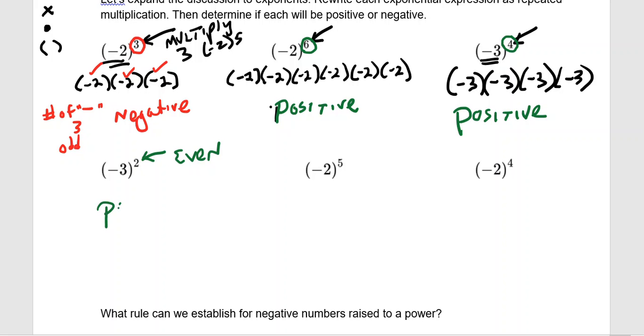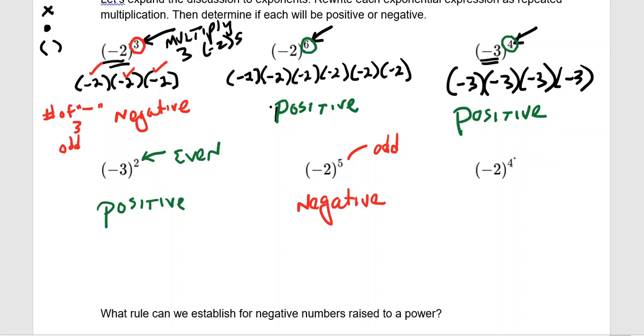So that tells me it's going to be a positive outcome. Without writing out the repeated multiplying, I see that my exponent of 5 is an odd amount. So if I were to write that out, I'd have an odd number of negatives. So that would tell me I have a negative outcome.